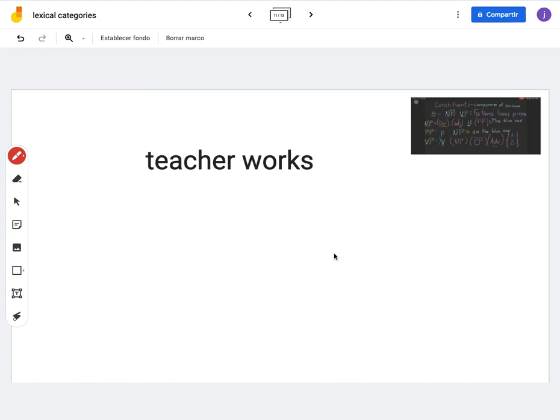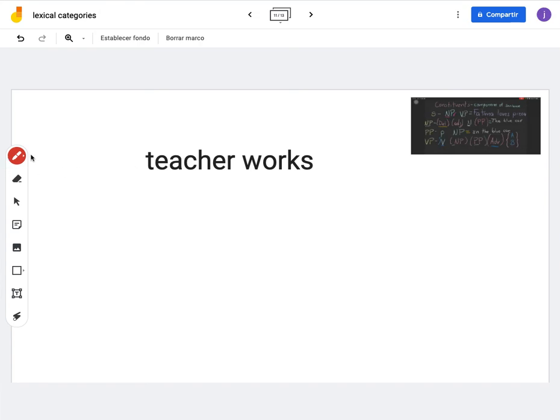Now we are going to do a syntax analysis in a tree diagram with the next sentence, that is, "Teacher works." So first we should identify the elements in our sentence. In this case we have a noun phrase and a verb phrase.